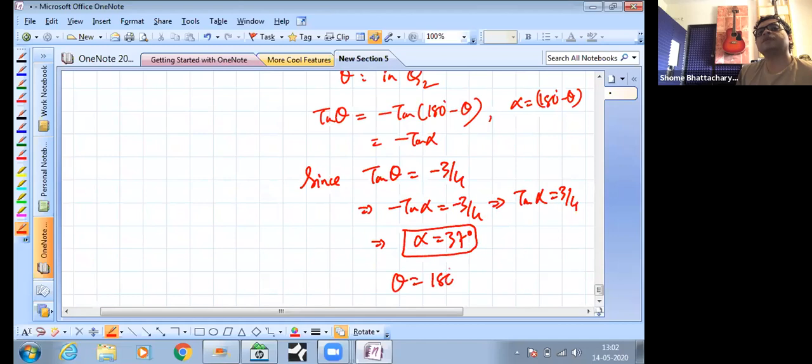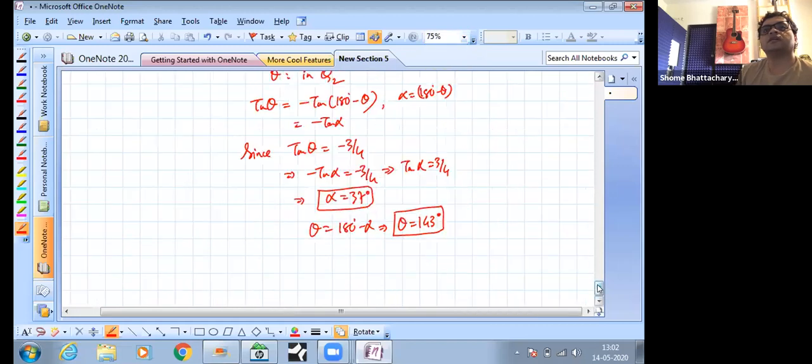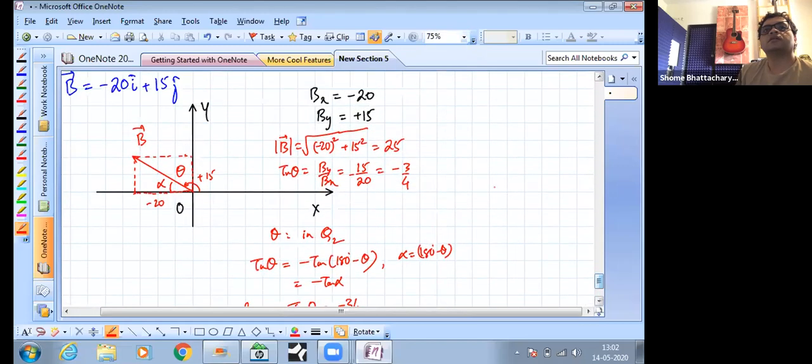It is 180 minus alpha, so theta is 143 degrees. This becomes our final answer. For this particular question, the magnitude of the vector B is 25, and the angle it is making with the x-axis is 143 degrees.